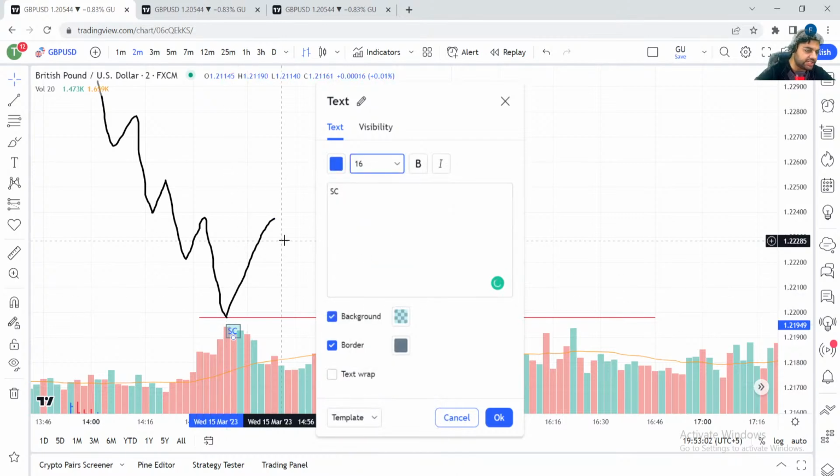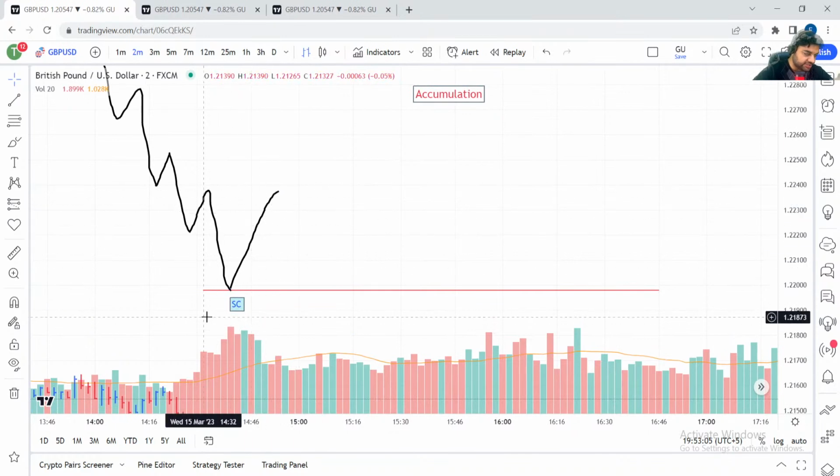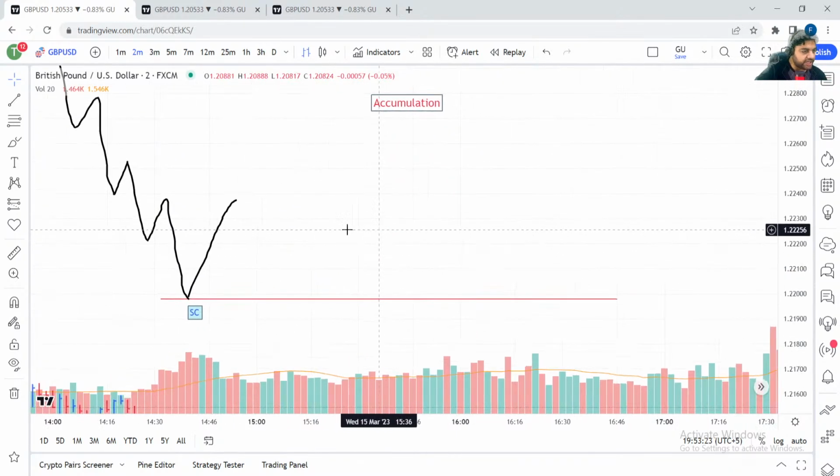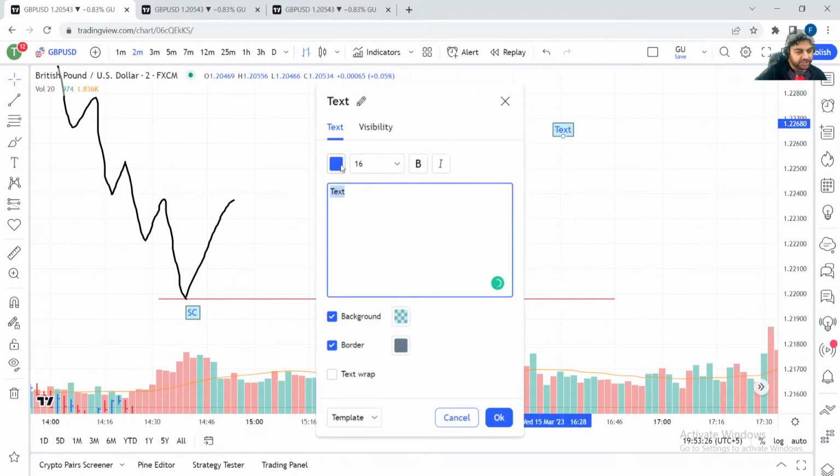This is the signature, this automatic rally, this huge rally for the first time after a downtrend. This is going to be the start of an accumulation. And we know that the accumulation starts with what? An accumulation starts with selling climax. So first, let me write down the stages of accumulation schematics.